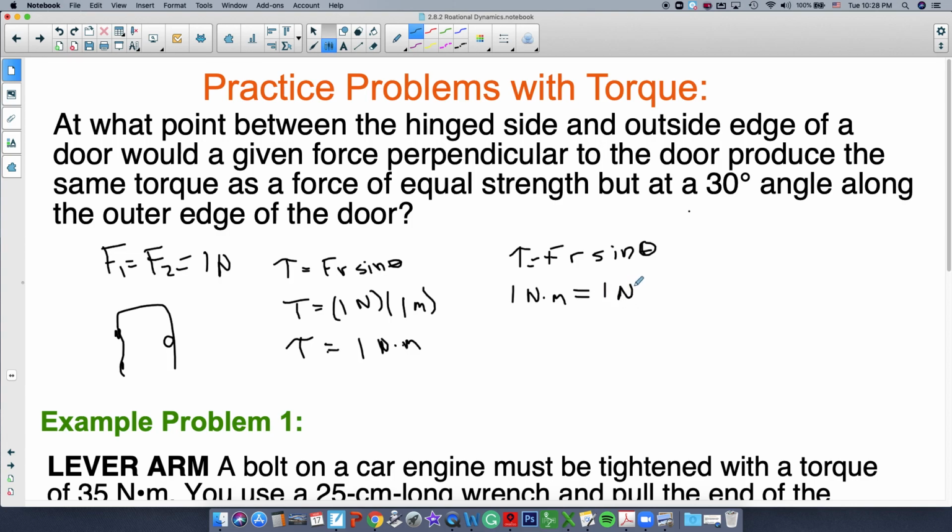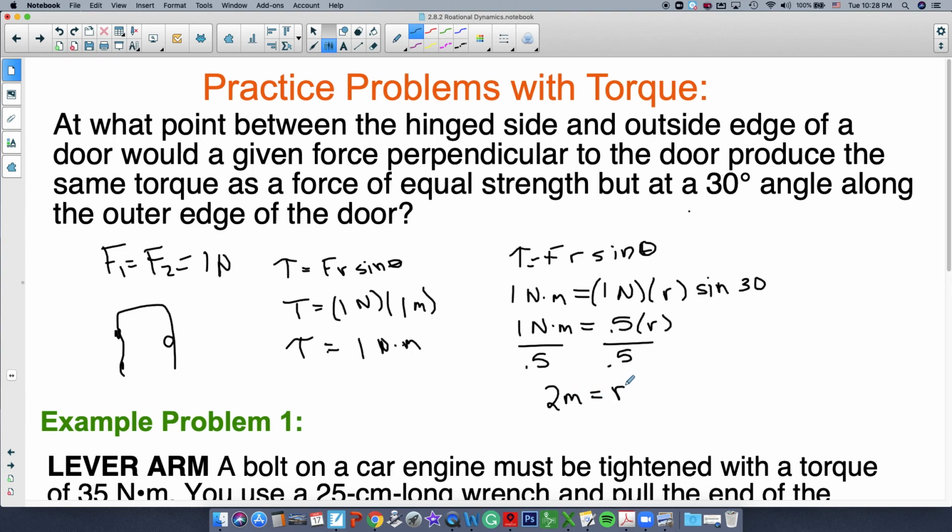We have 1 Newton, and we're trying to find R, and then we have a 30-degree angle. So let's do a little bit of calculator action here. We got 1 Newton times sine 30, which is 0.5, times my radius. So we're going to have to divide by 0.5 on both sides, which is going to give us 2.